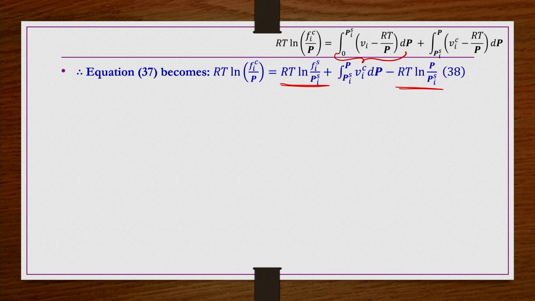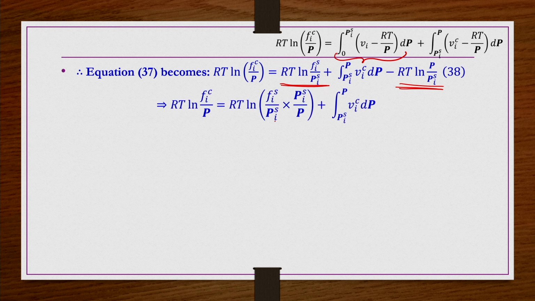Now I can join the two RT ln terms on the right hand side together, so that I have RT ln(fi^S/Pi^S multiplied by Pi^S/P). So the Pi^S cancels out, and the remaining term we keep as it is, because what is this Vi^C?